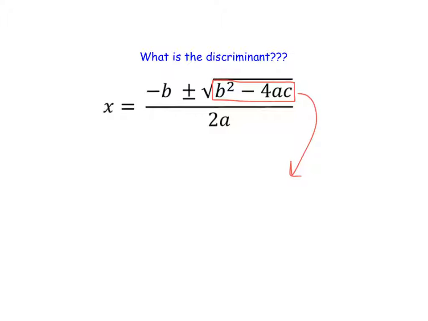So this piece right here, this b squared minus 4 times a times c, this is called the discriminant. So from this point forward, if I'm talking about the discriminant, I'm talking about the part underneath the square root in the quadratic formula. And what's really cool is we can use the value of that discriminant to actually predict how many solutions a quadratic equation will have.